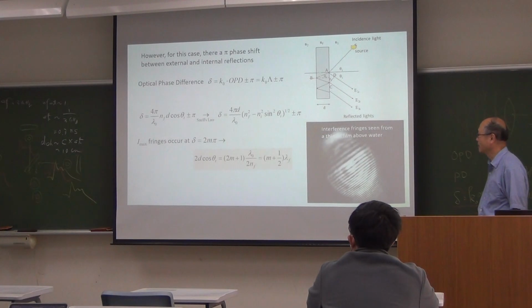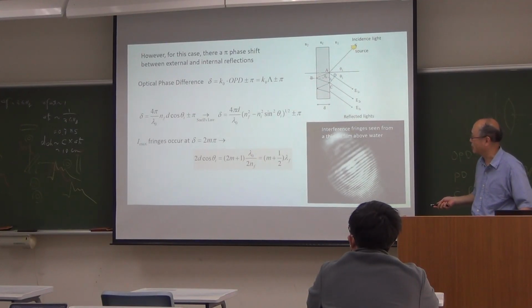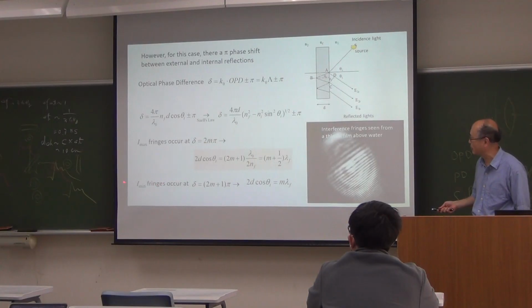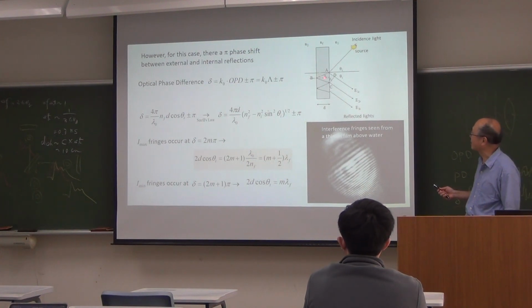And so this becomes the standard calculation: if you want to count the minimal fringes, then you set this phase difference to be an integer multiple of pi. Then you can determine the fringe angle, but be careful that theta t is the angle inside this film.